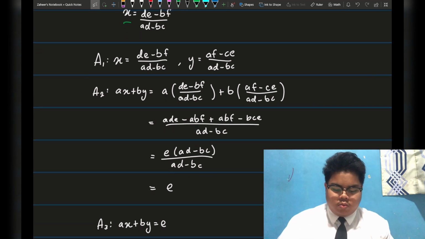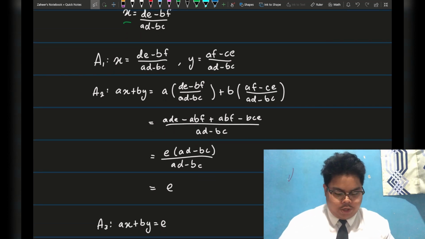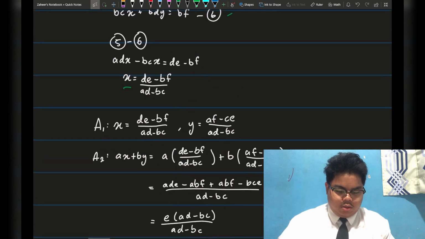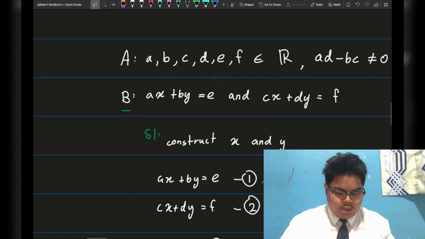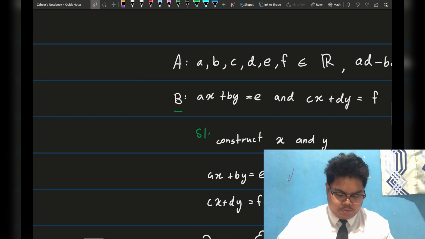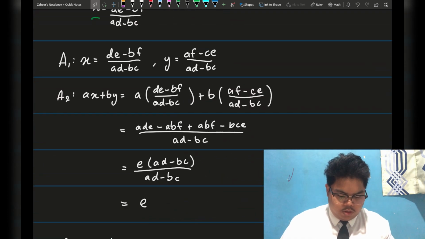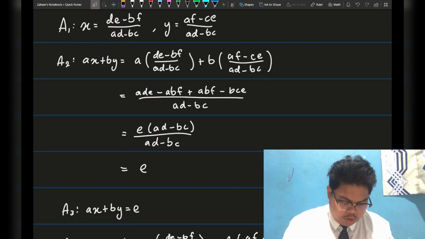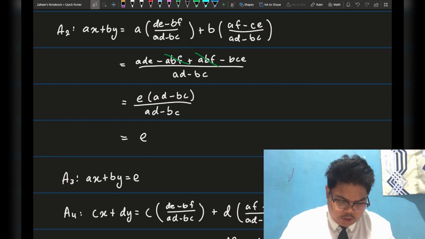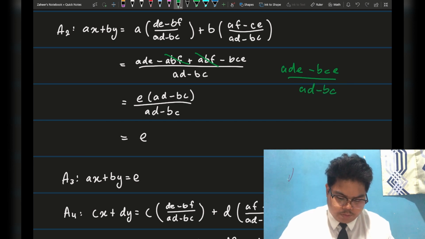After we get x and y, we can make our a1 and a2, and in the a2 we can substitute the x and y to get ax plus by equal to e. We can expand the bracket, we can eliminate abf, so it becomes ade minus bce over ad minus bc.